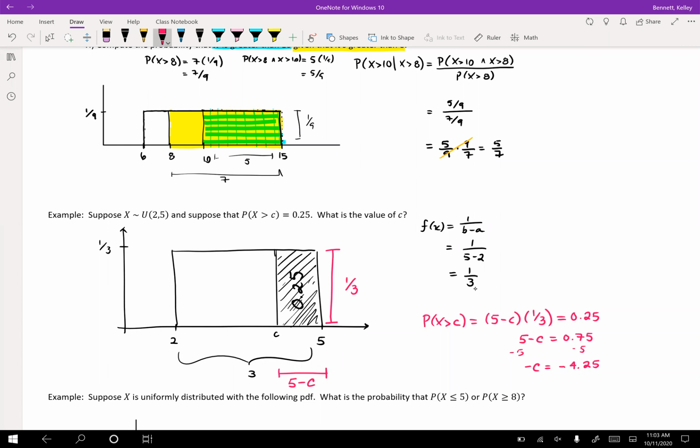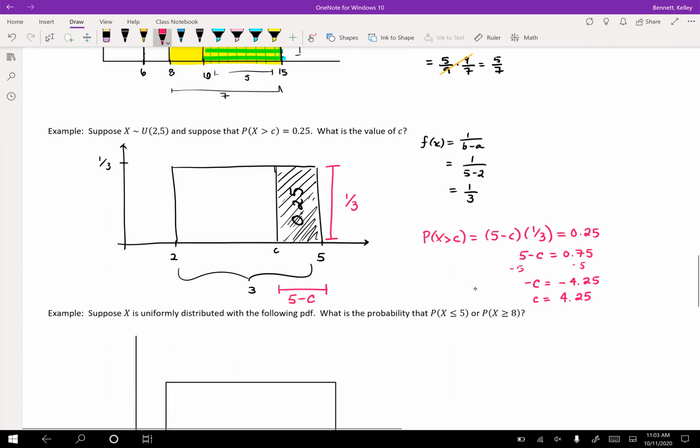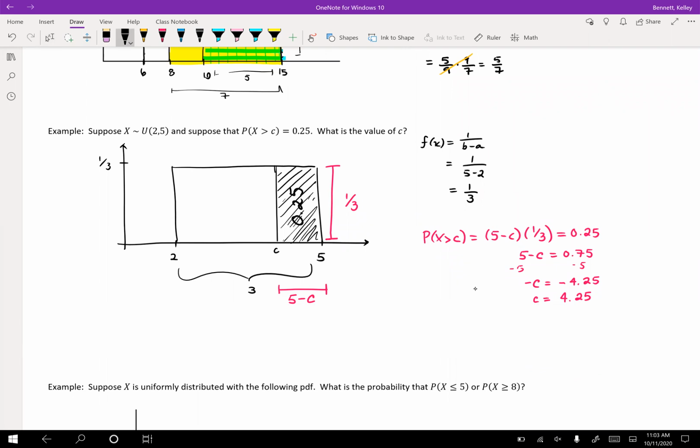And then I'm going to divide each side by -1 to clear out the negatives, and I get that C equals 4.25. So let's actually test that out a little bit. If C is really 4.25, as we suspect, then this distance is really 0.75. And so 0.75 times 1/3 equals 0.25. So that checks out.